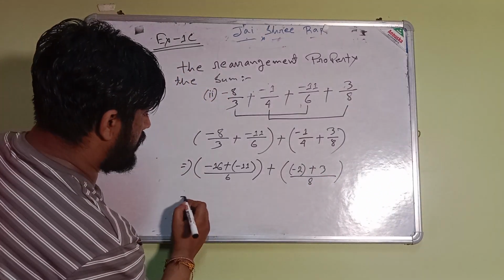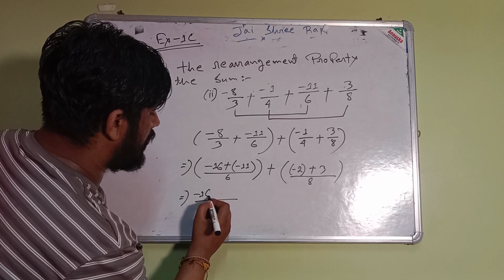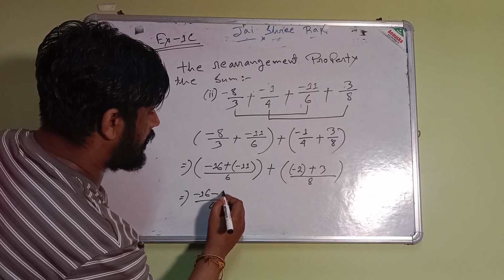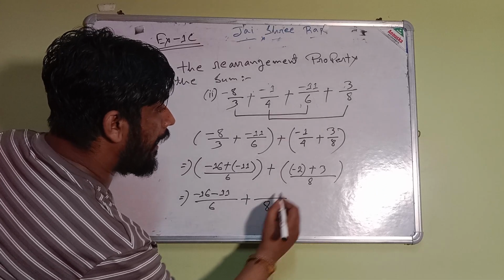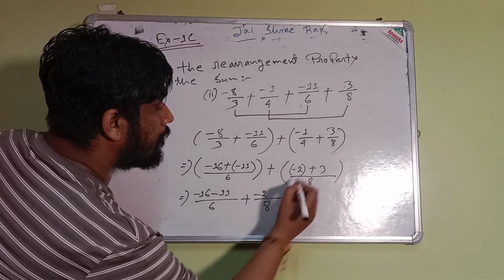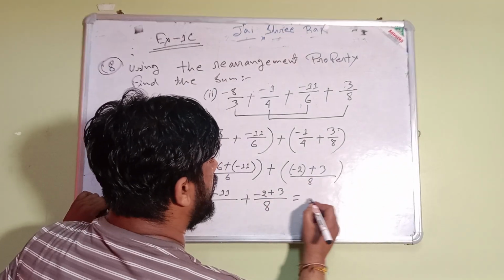Now it's time for the next part: minus 16 plus minus 11 over 6, then plus again, here also 8, minus 2 plus 3.